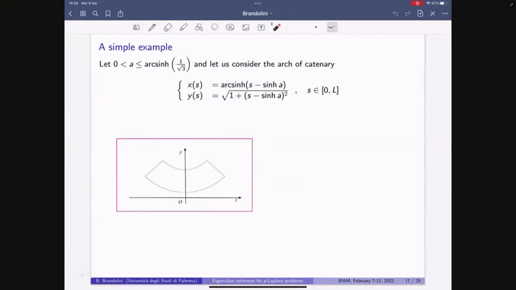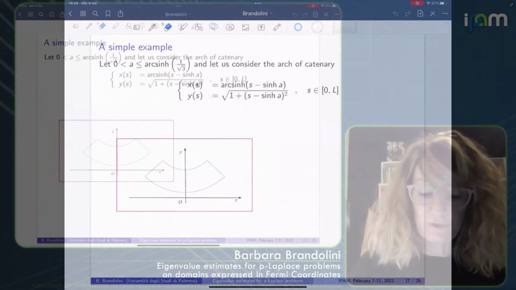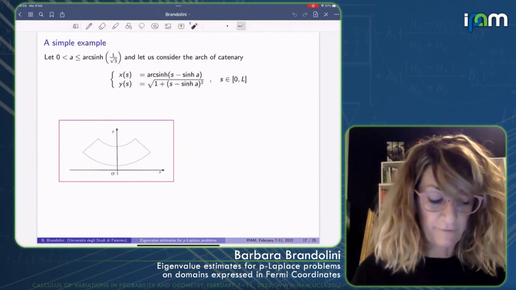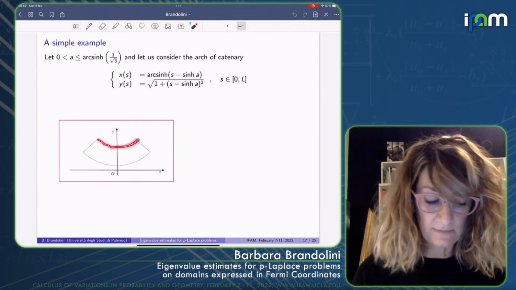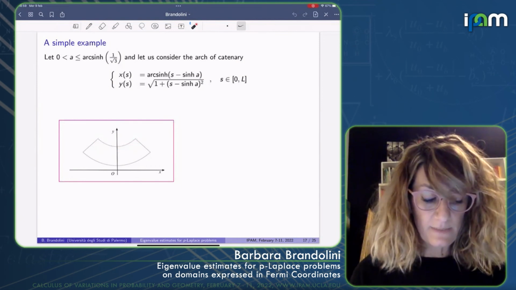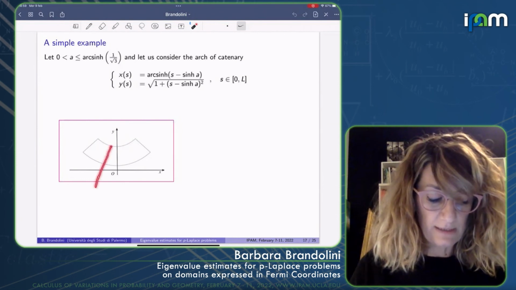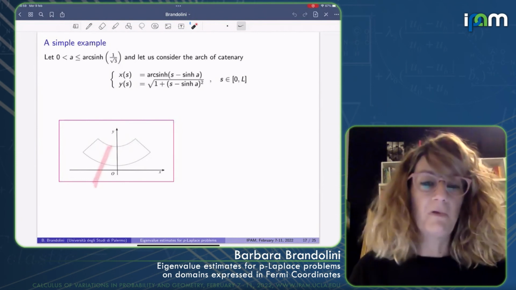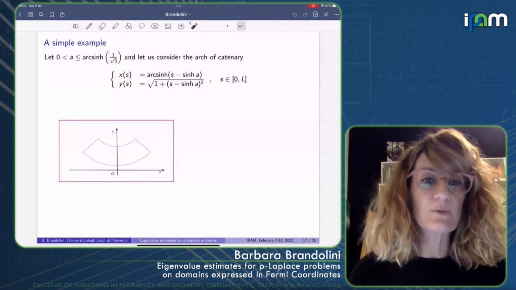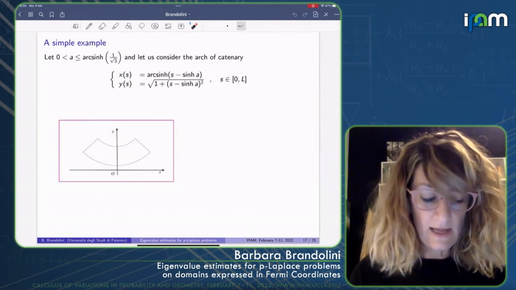I will end my talk with some examples. So the first one is this. We can build this kind of set starting from an arc of catenary. And since k is positive, we can enlarge in this direction by any distance delta. For simplicity, suppose that delta is constant positive.